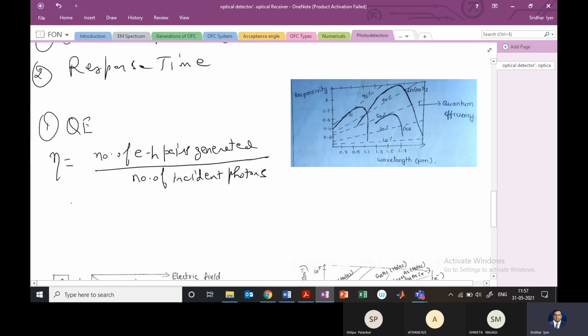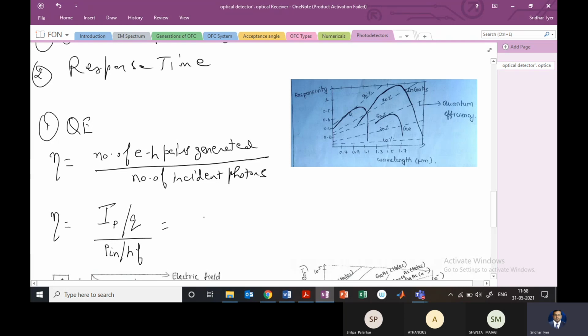So this ratio can be mathematically written as: the number of electron hole pairs generated will be IP, because it is photocurrent, IP divided by Q, which is the charge, divided by the number of incident photons, where you'll have the number of incident photons as P in, that is the input power, divided by HF, right?